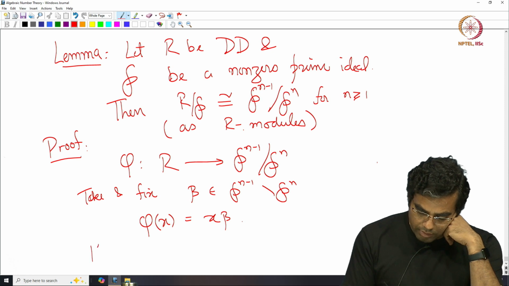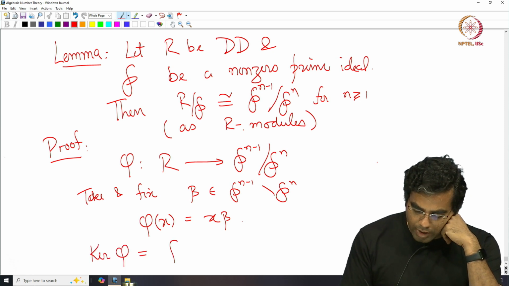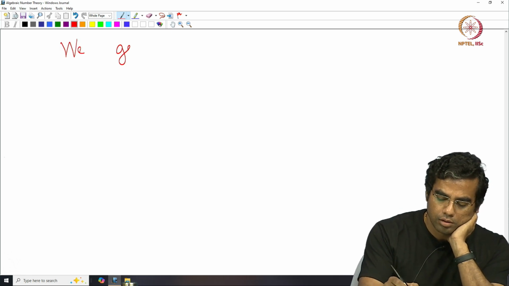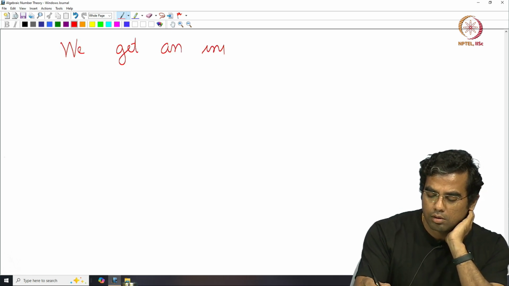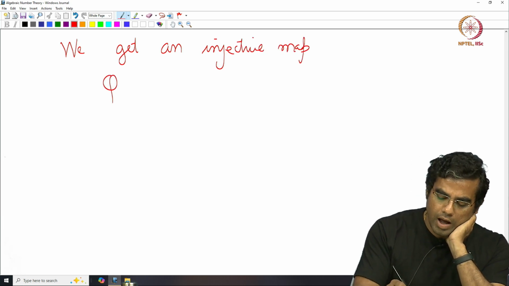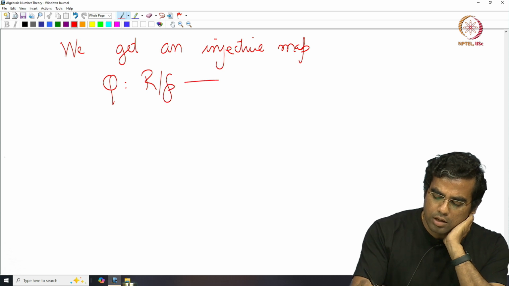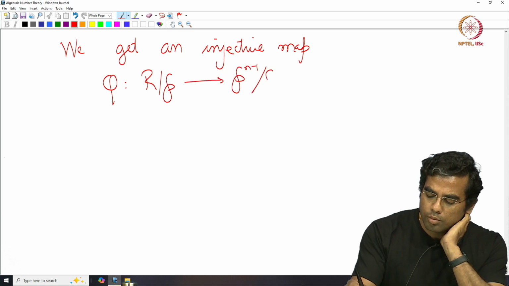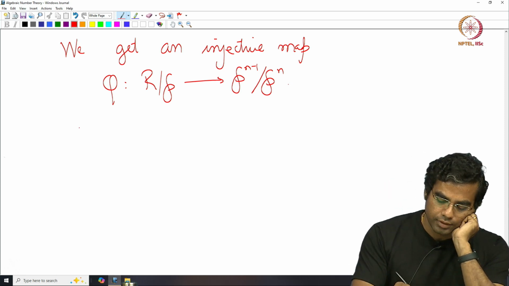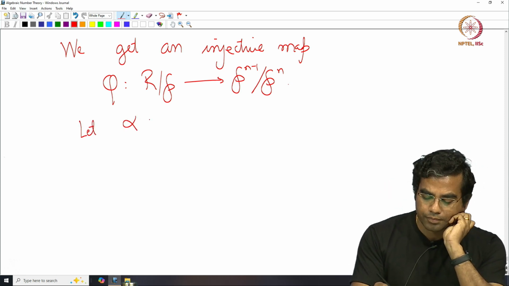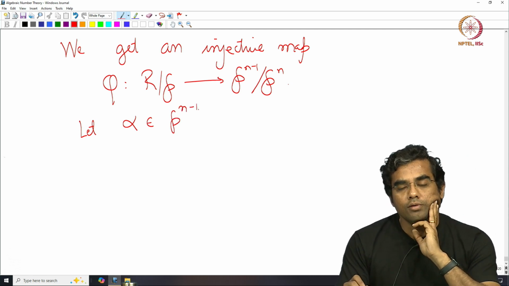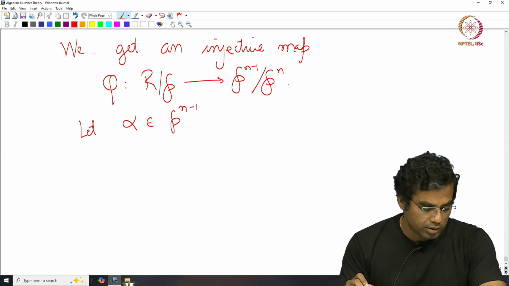And then we observe that the kernel of phi is actually P. So, we get an injective map phi from R mod P to P^(n-1) modulo P^n, and we want to prove that this map is also surjective. So, let alpha be an element in P^(n-1). Now, we are going to use the Chinese remainder theorem.